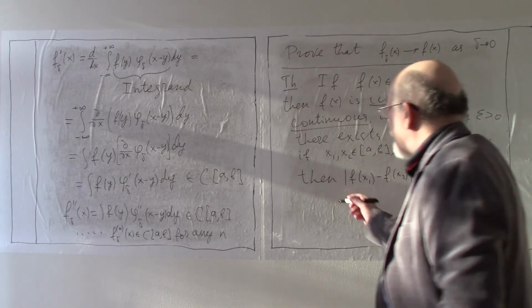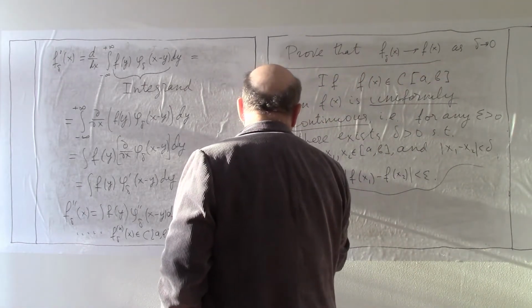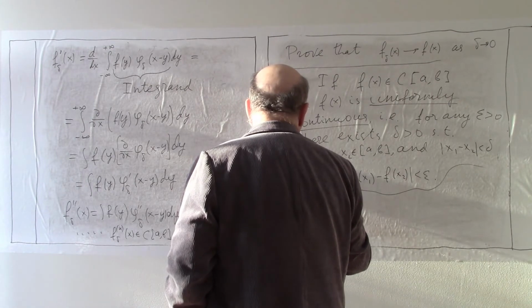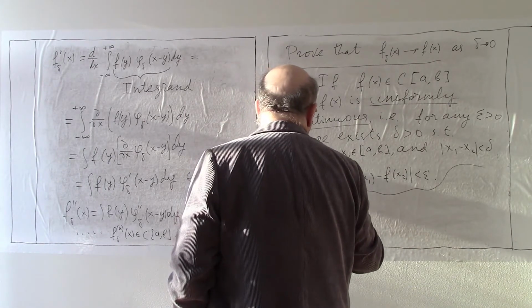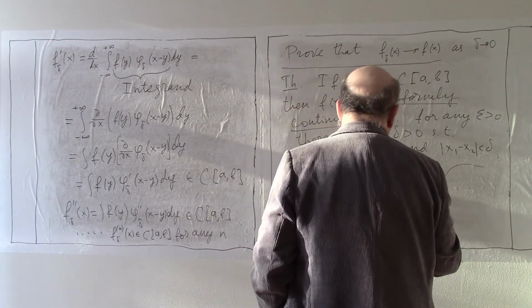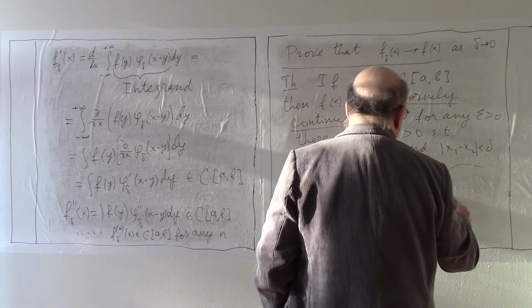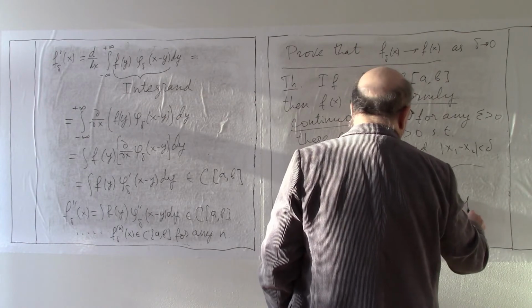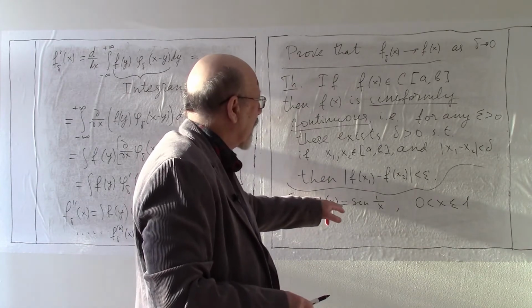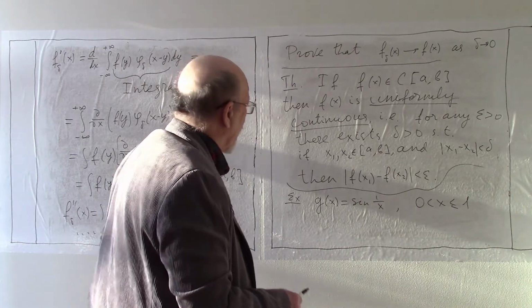Yes? Now let's consider an example. If you consider the function g of x equal sine 1 over x, x positive, say between 0 and 1, but 0 is not included because the function is not defined there.